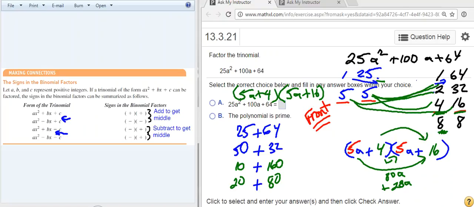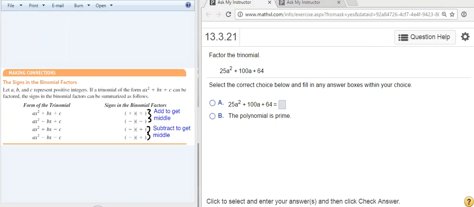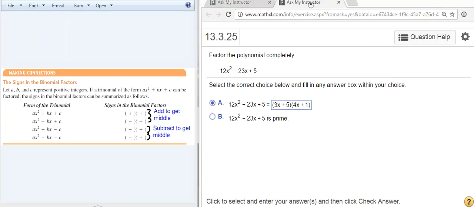The other question you had there dealt with signs. We know if I've got 12x squared minus 23x plus 5, that these signs are going to have to be the same, and they're going to have to be the same negative to get to that middle term of minus 23. So looking at that sign pattern, we know that they're both going to be negative.